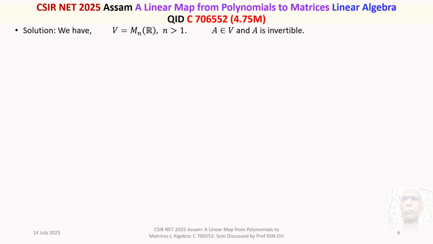A word of caution here: A is a given matrix from V which is invertible, but not any matrix of V. No, A is only a given matrix from V which is invertible for the discussion. That's all. Now, R[x], we all know, is the vector space of all polynomials with real coefficients over R.